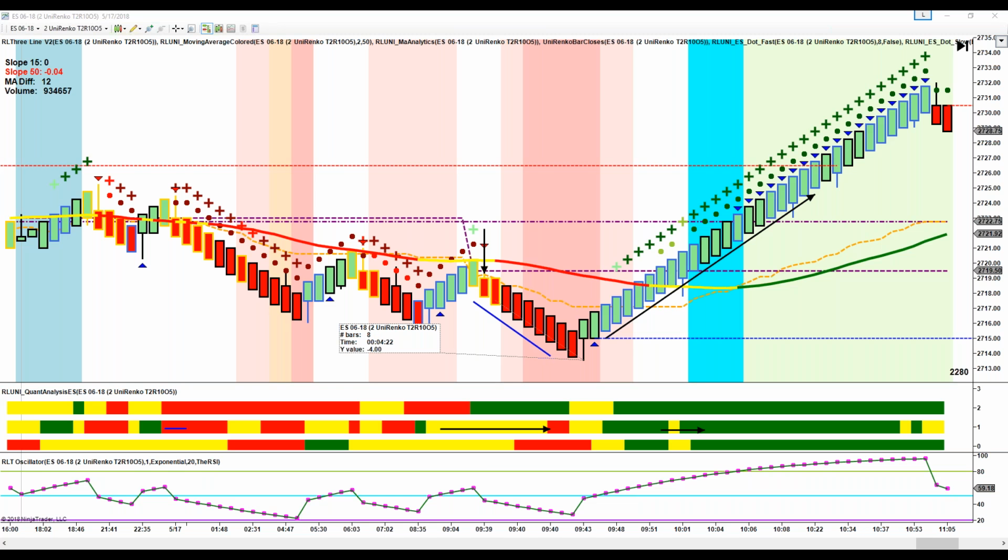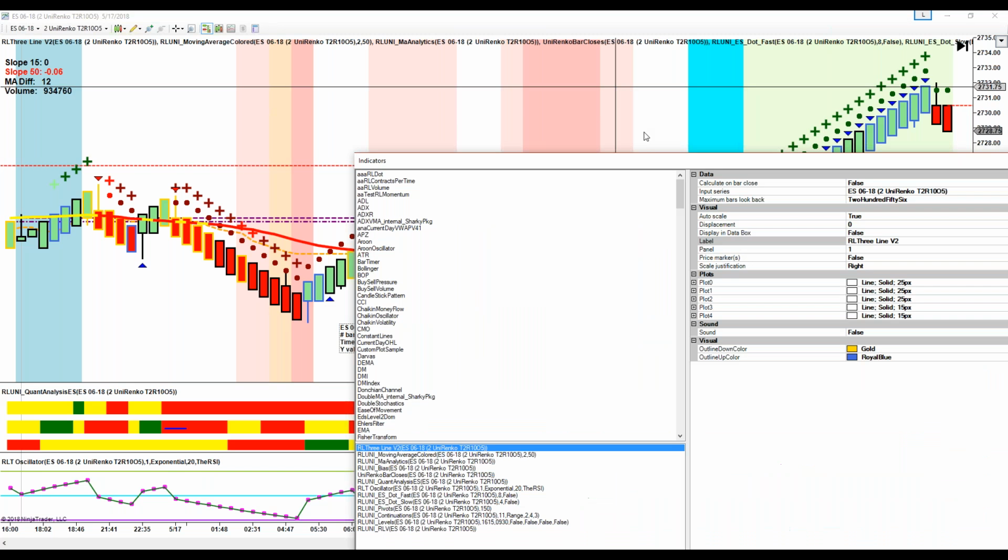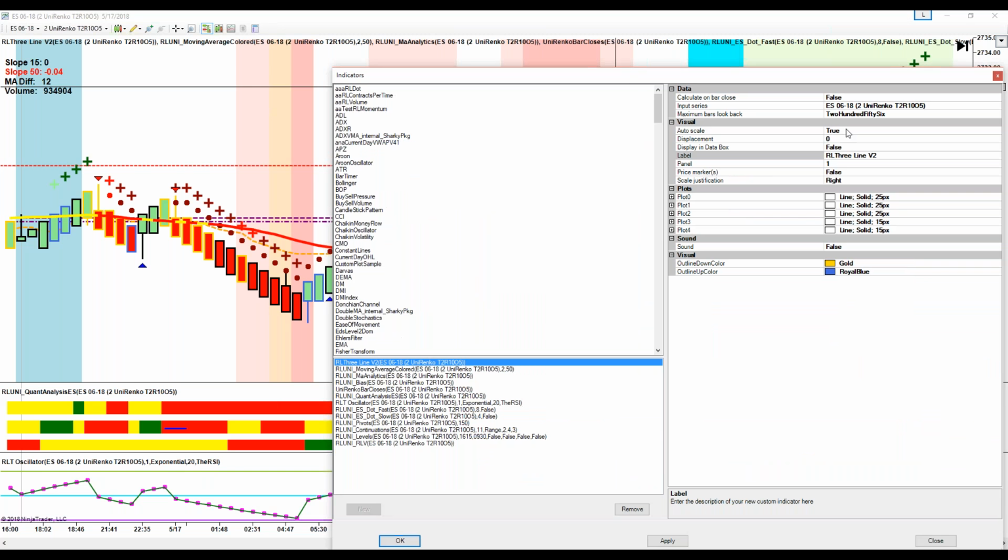Okay, the 3 lines, JT. It's not that much magic, but what we've done is all the 3 line. The 3 line is right here. Let me find it. It's right up here.